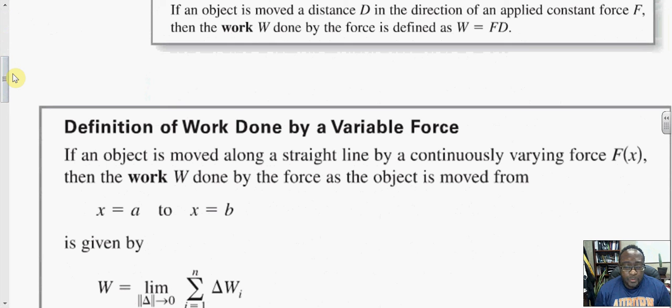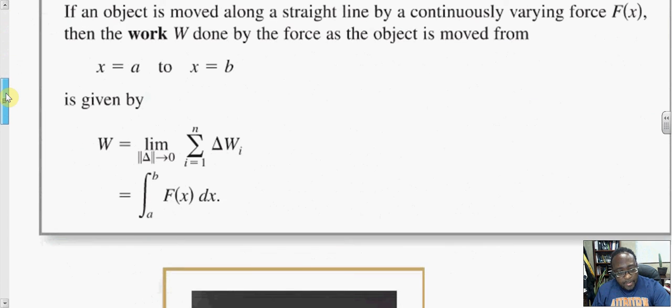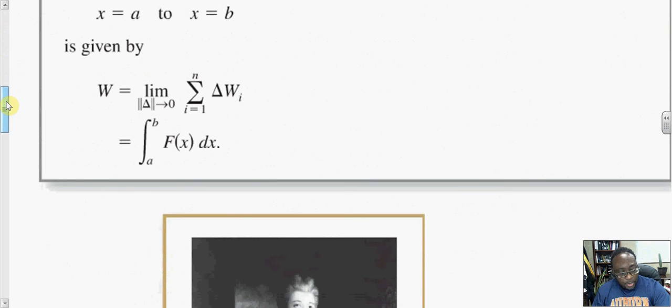So if an object is moved along a straight path by continuously varying force f of x, then the work that is done by the force as the object is moved from x equal to a to x equal to b is given by, this is the work, the limit with respect to the partition shrinking, tending to zero, of the summation of the change in the work. Where here, that's no more than the integral from a to b of the force function, capital F of x dx.